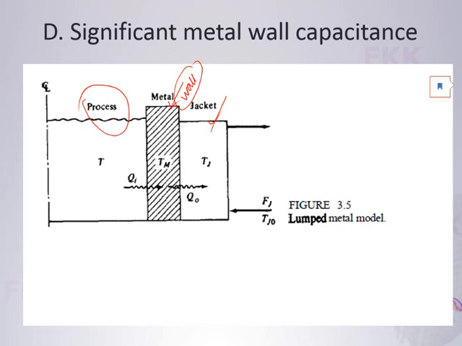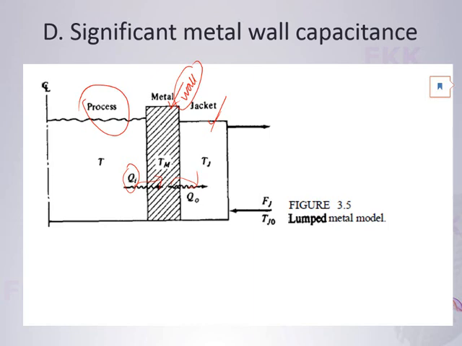So in this case, we are going to look into Q, the heat dissipated from the reaction, from the fluid, which is transferred to the metal wall. Then from the metal wall, it is transferred to the jacket.